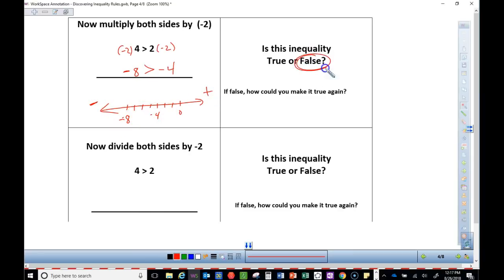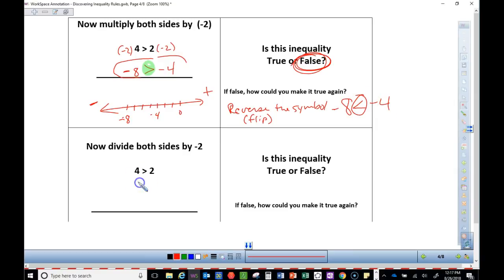So this is false. In order to make it true again, what would we have to do to this statement? We would have to reverse or flip the inequality symbol. So it'd have to say negative 8 is less than negative 4. That would be true.